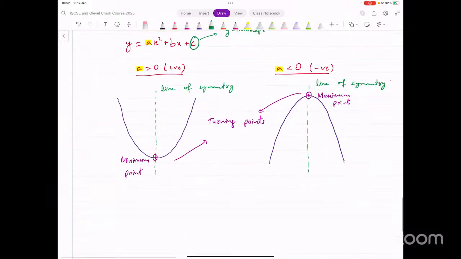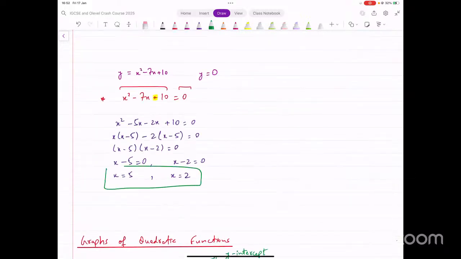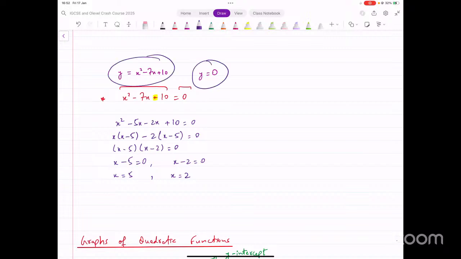What about the x-intercepts? These values that we found here when we solved those quadratic equations are actually the x-intercepts of the graph. Why? Because these are values when y equals 0. The graph of the function and y equals 0, these two graphs intersect each other. Now, the second graph, y equals 0, is basically the x-axis.